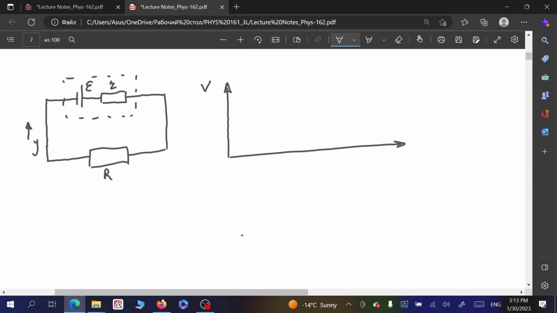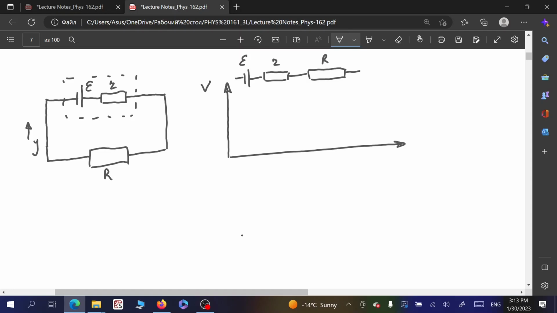Here we will kind of open this electric circuit. So it will be the battery with internal resistance, and here will be the load resistor. So this is E, here's r, and here is capital R.